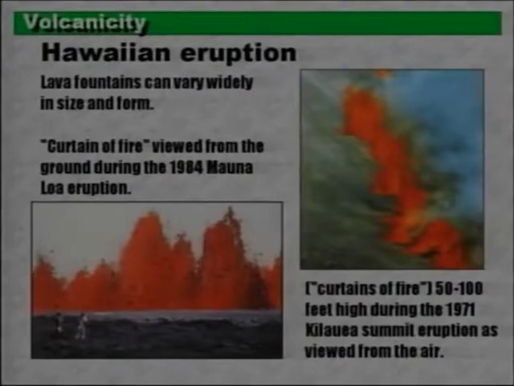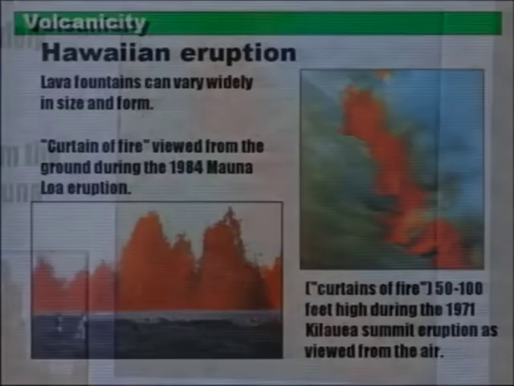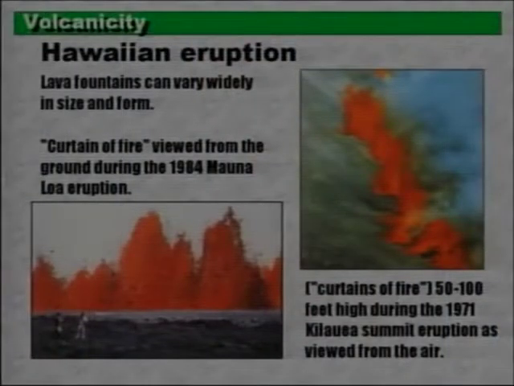That's the Kilauea summit eruption as viewed from the air. And that is the second photograph, whereas this one here is showing the 1984 Mauna Loa eruption. Those are some examples of the Hawaiian type eruptions. You can also view the two people standing out here, and you make a comparison with the curtain of fire which is released from those volcanoes.